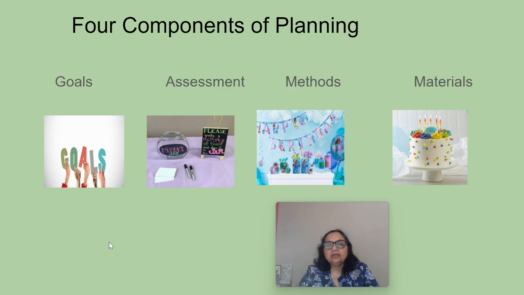After looking at all these images, you might see that I am giving a little indication that we are going to start planning a birthday event, to create a connection between event planning and lesson planning. How can we plan an event, and how can we plan a lesson? We will be drawing some parallels between both activities.